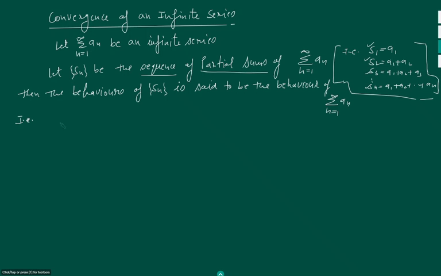That is, the series summation a_n, n varies from 1 to infinity, is said to be convergent if the sequence of partial sums is convergent.